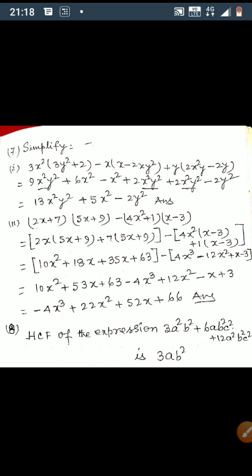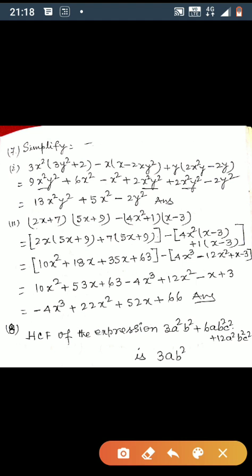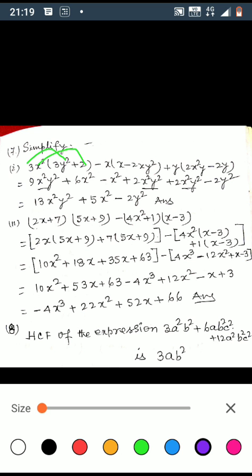Now question 7. Simplify: 3x square (3x square plus 2) minus x (x minus 2xy square) plus y (2x square y minus 2y). Now it can be written as 3 times 3 is 9x square y square plus 3 times 2 is 6x square minus x square plus 2x square y square plus 2x square y square minus 2y square.